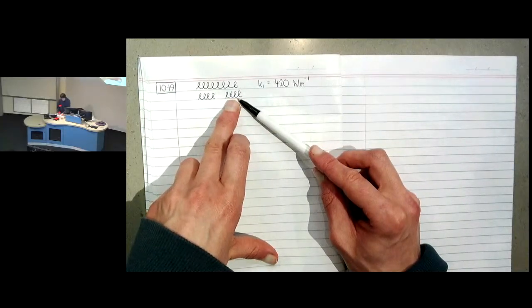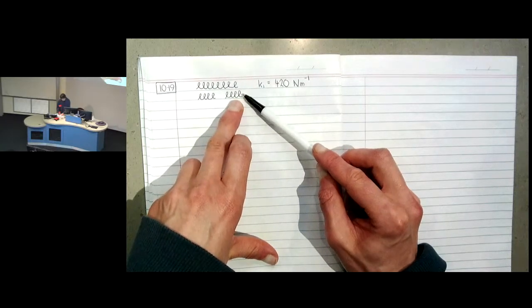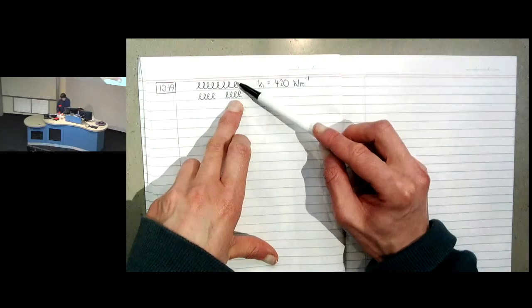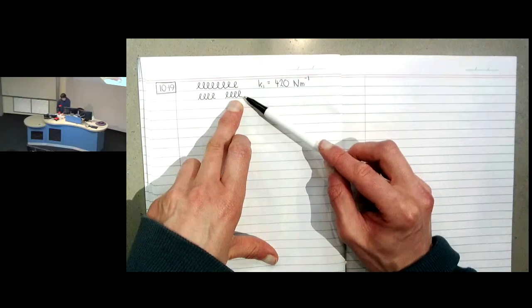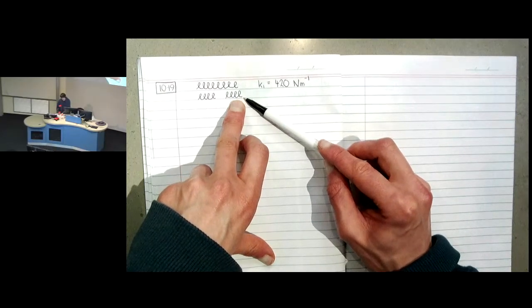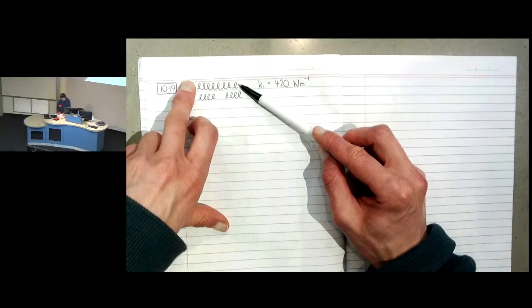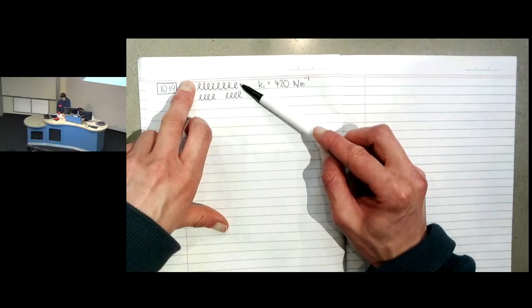If we wanted to stretch this little spring by 1 meter, because it's got half as many coils as this long one, that means that each of the coils would have to be deformed by twice as much in order to stretch this spring by 1 meter as the coils in this spring would have to be deformed to stretch this one by 1 meter.